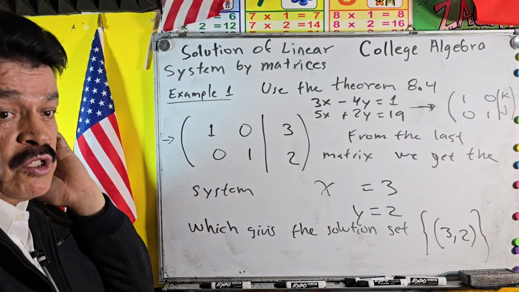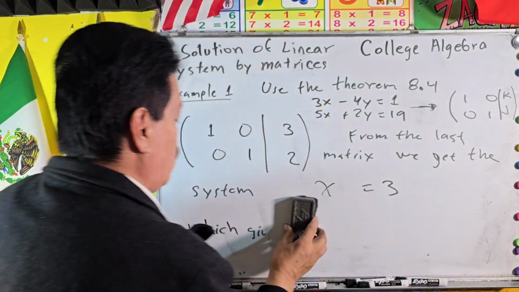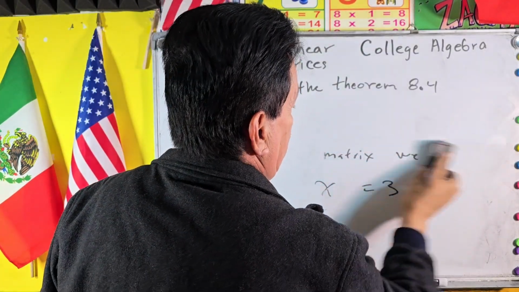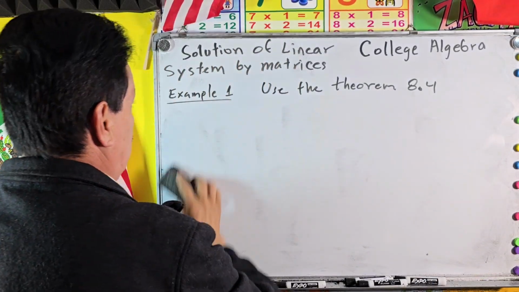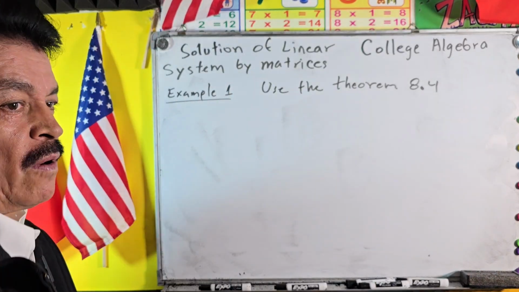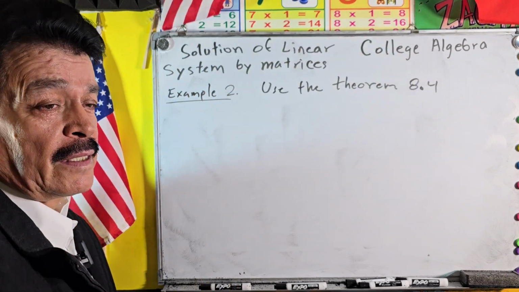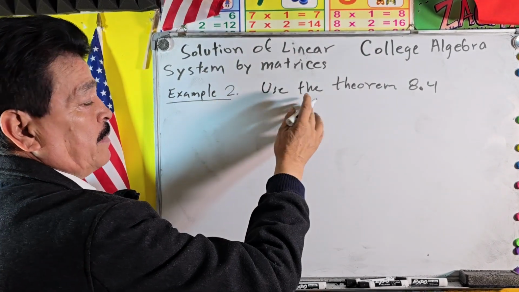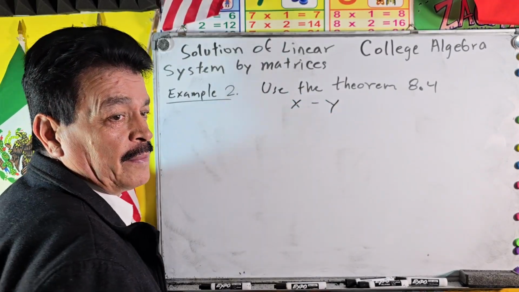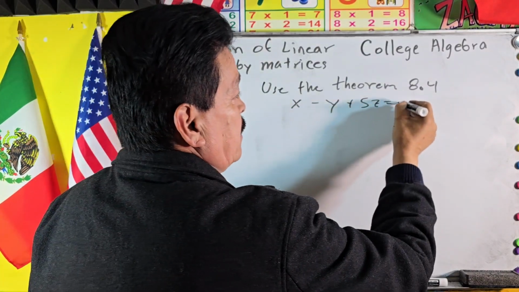Okay, so let me show you. Let's solve one more problem, to practice the way to find the answer in a linear system by matrix. Example 2. Let me write it down. It goes this way: x minus y plus 5z equals -6.